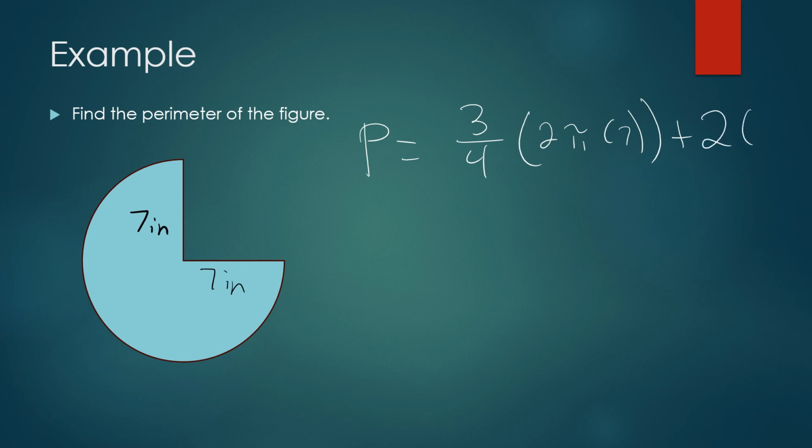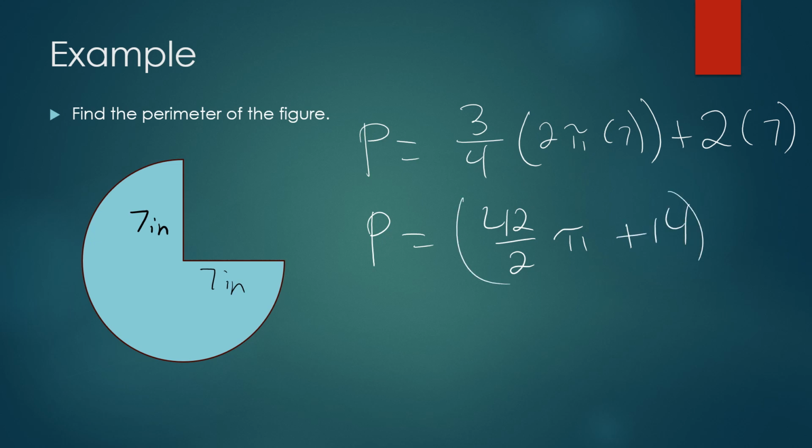But since we only have two sides of that square, we're only going to do 2 times 7 instead of 4 times 7. So again, we are modifying the formulas based on what we're given. So here I'm going to get my P. I'm going to have 3 times 2 times 7, which is 14 times 3, which is 42, over 4, times pi, and then I'm going to add 14.